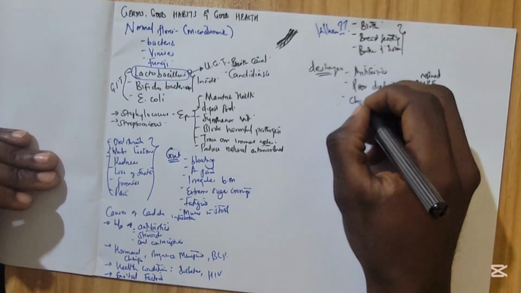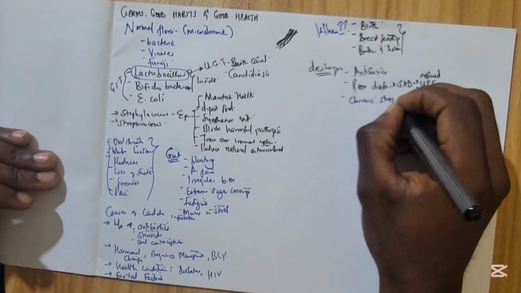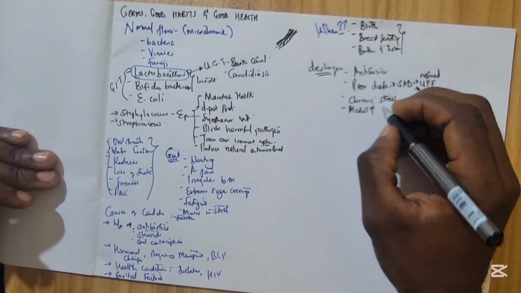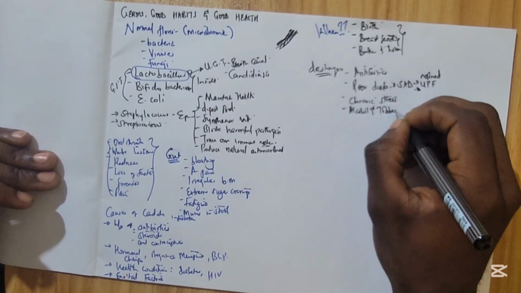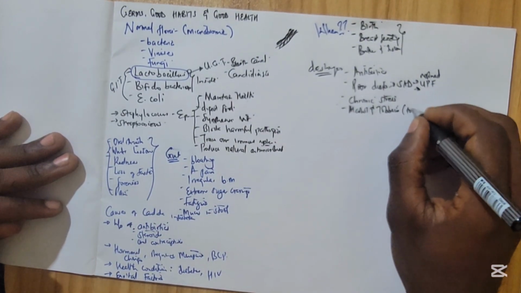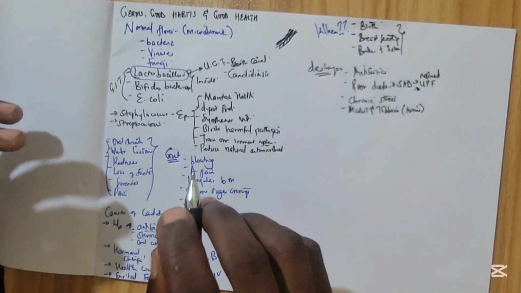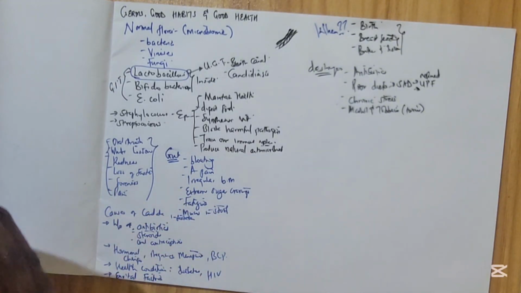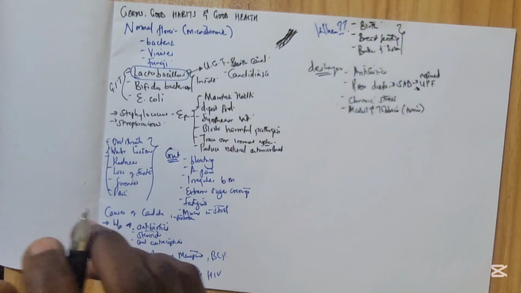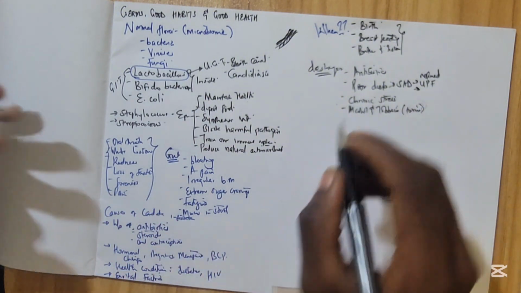You have chronic stress, alcohol, and tobacco. They are key to the destruction of our normal flora because of the toxins they produce. Alcohol affects almost every cell of the body.